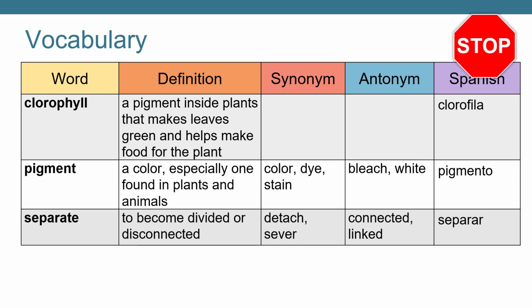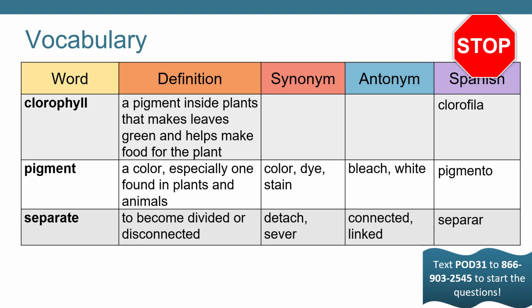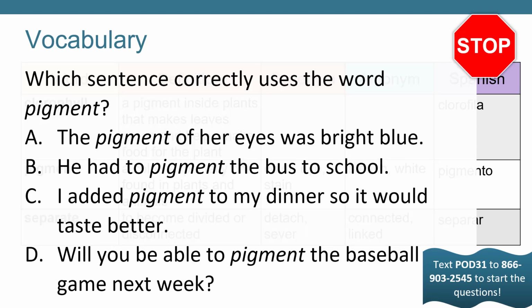Pause your videos. It's time to text in POD 31, that's POD 31, to 866-903-2545. This will start your questions. Here's our first one. Which sentence correctly uses the word pigment? A. The pigment of her eyes was bright blue.